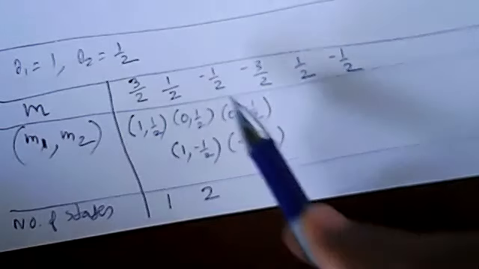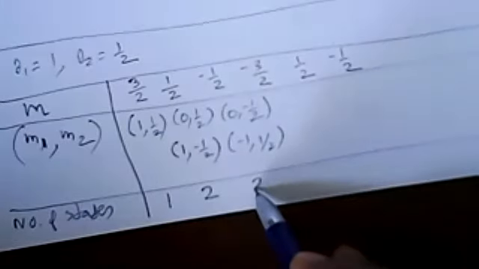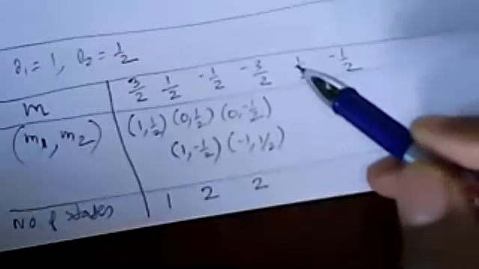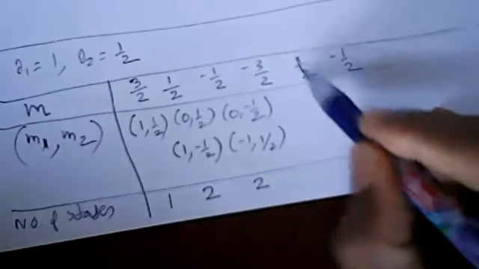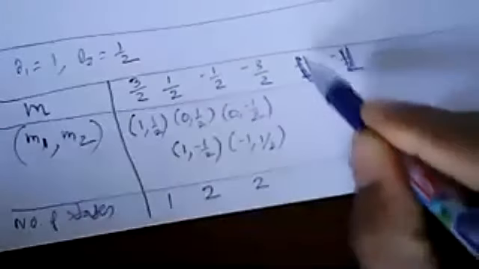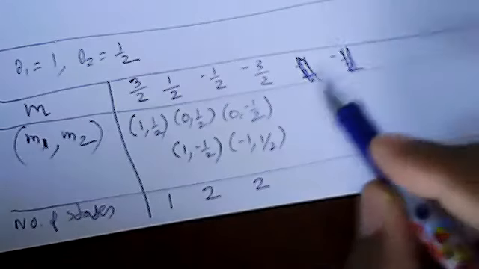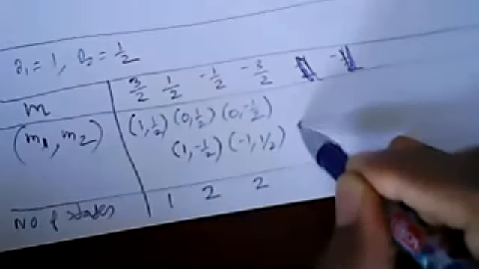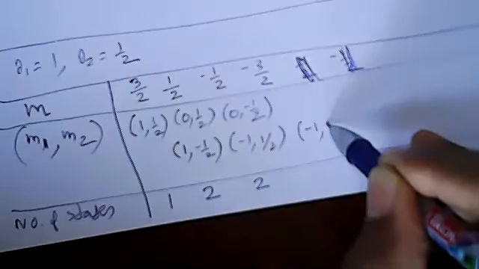Minus 1 and half gives minus half. So that also you get in two ways. Then we have minus 3 by 2. Minus 3 by 2, you will get by one option only. That is minus 1 and minus half. So that is also a singlet state.